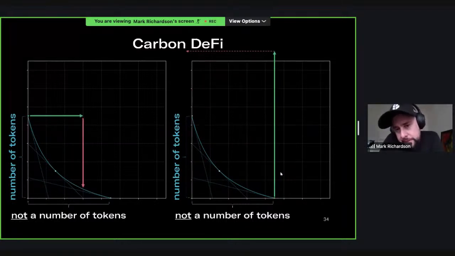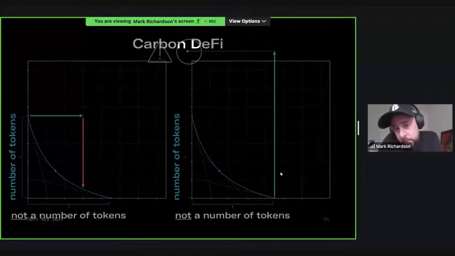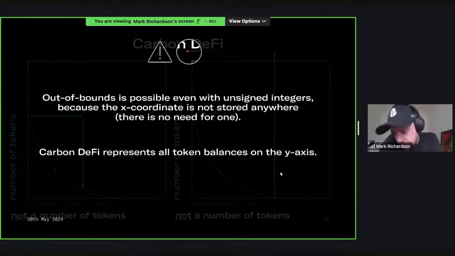You can also end up with this situation, right? Where the shift, the traversal upon this bonding curve, now moves it into an out of bounds condition. So the edge of that arrow there, which would correspond to this traversal, is literally going out of bounds, and there's no way for the smart contract to detect it because we do not store the x coordinate anywhere.